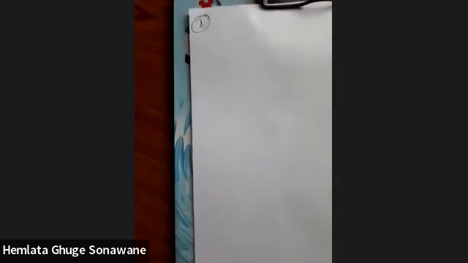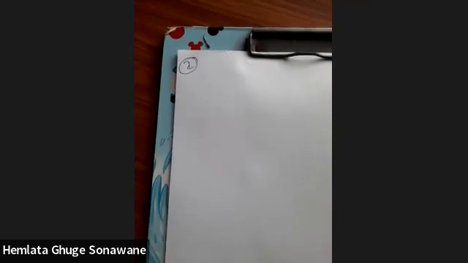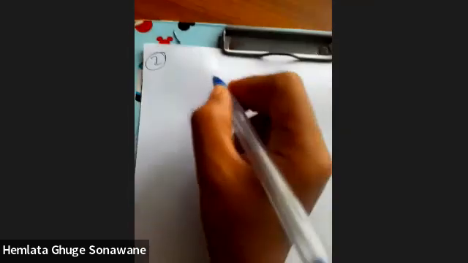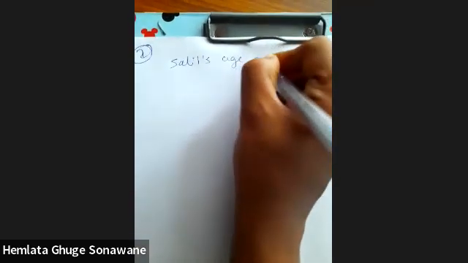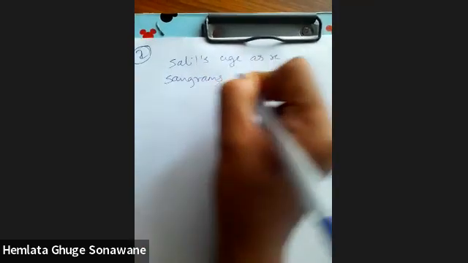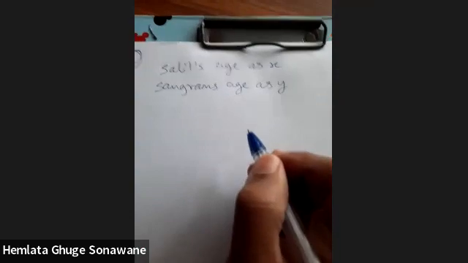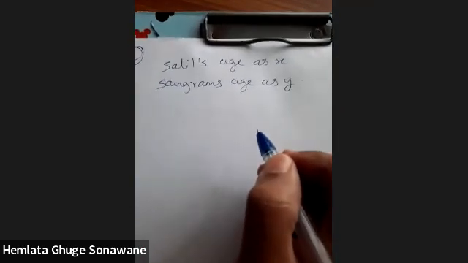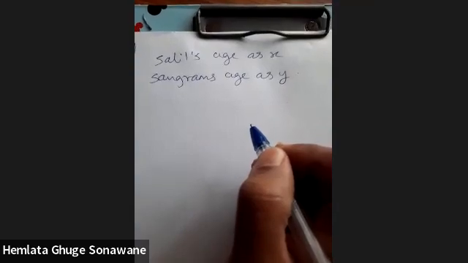Here we have to consider Salil's age and Sangram's age as variables. So we'll take Salil's age as x and Sangram's age as y.